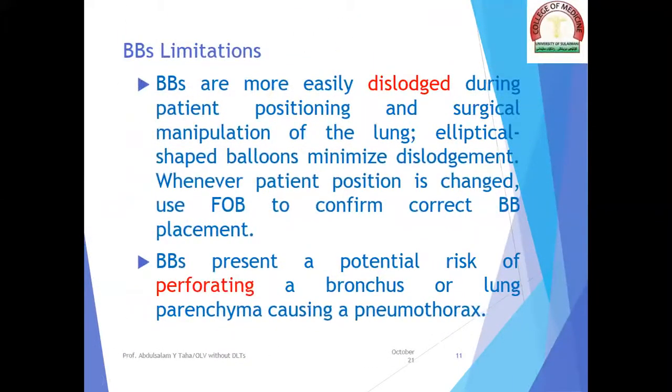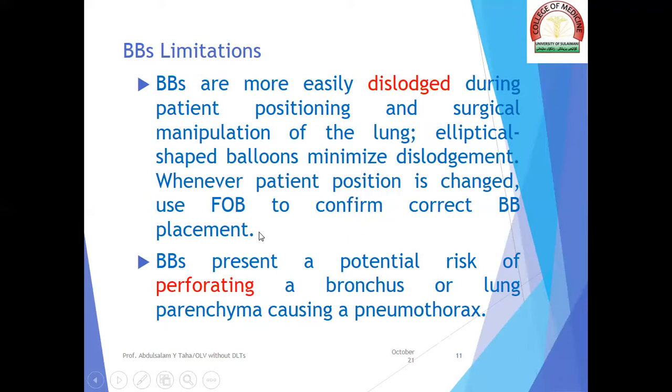Well, bronchial blockers have some limitations. They are more easily dislodged during patient positioning and surgical manipulation of the lung. Elliptical shaped balloons minimize dislodgement. And whenever patient position is changed, the fiber optic bronchoscope is indicated to confirm correct bronchial blocker placement.